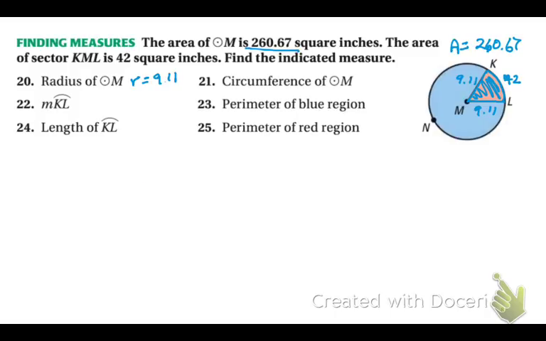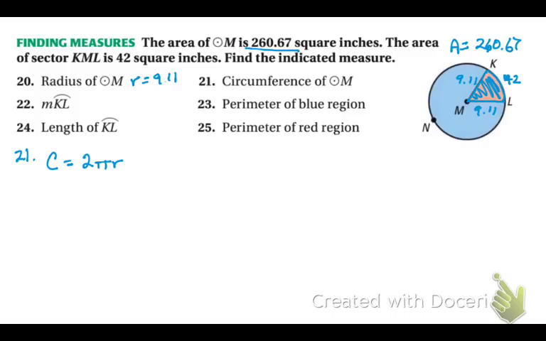Now the circumference of M, let's look at number 21. We know the formula, C equals 2 pi r, and in this case it's easier to use C equals 2 pi r instead of pi d because we have r.